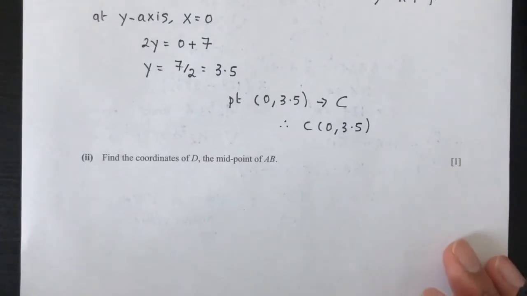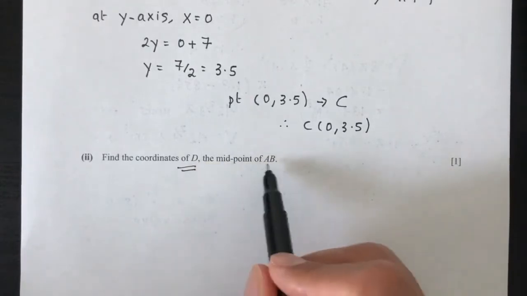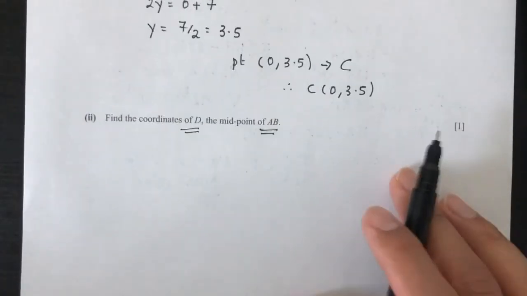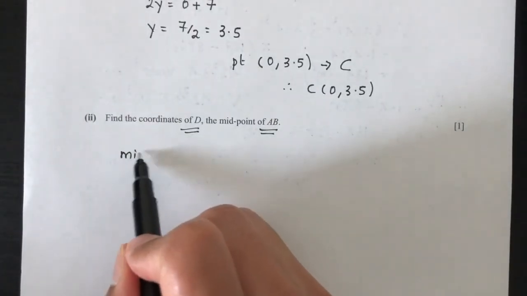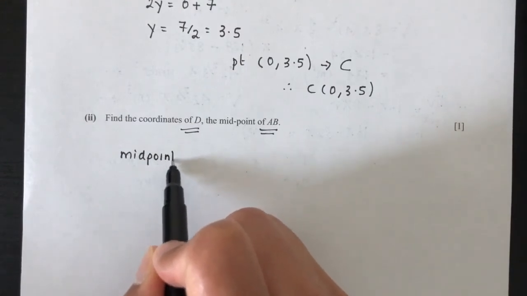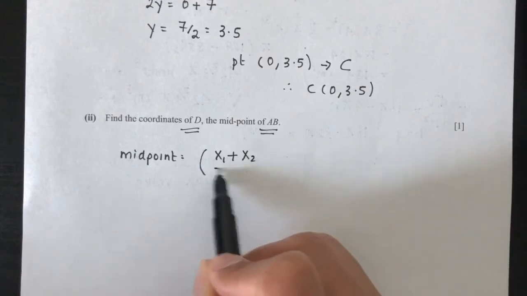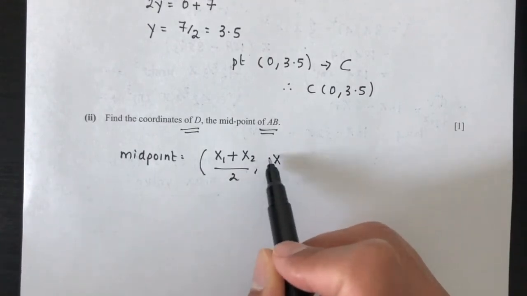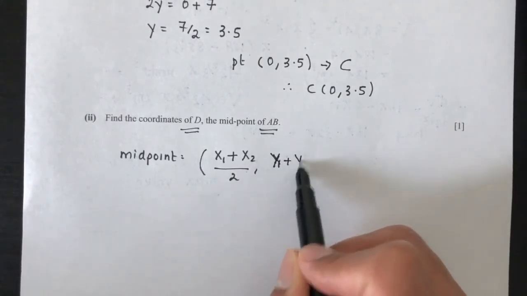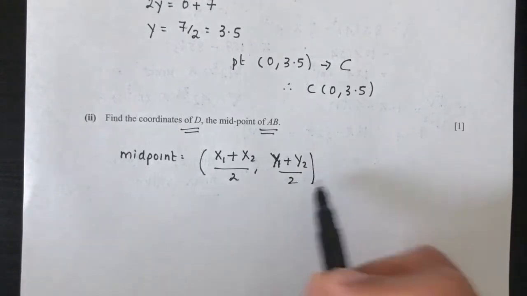Now for part 2, find the coordinates of D, which is the midpoint of AB. To find the midpoint, we use the formula, which is pretty easy. It is just (x1 plus x2) divided by 2, then (y1 plus y2) divided by 2.